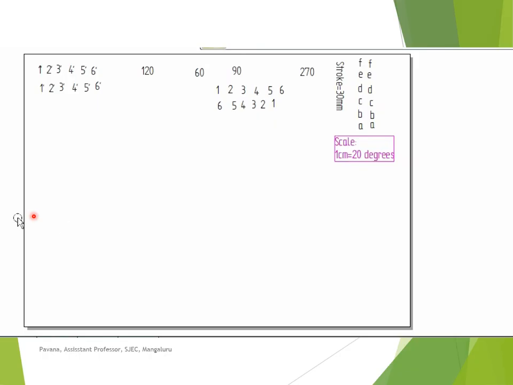So keep this aside. It should be there in the top. You know what is the position of the scale. Then draw the x and y axis.